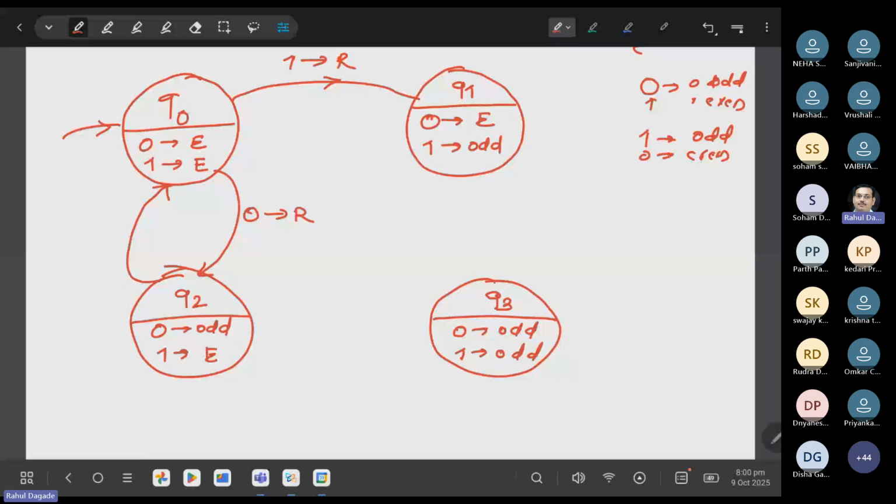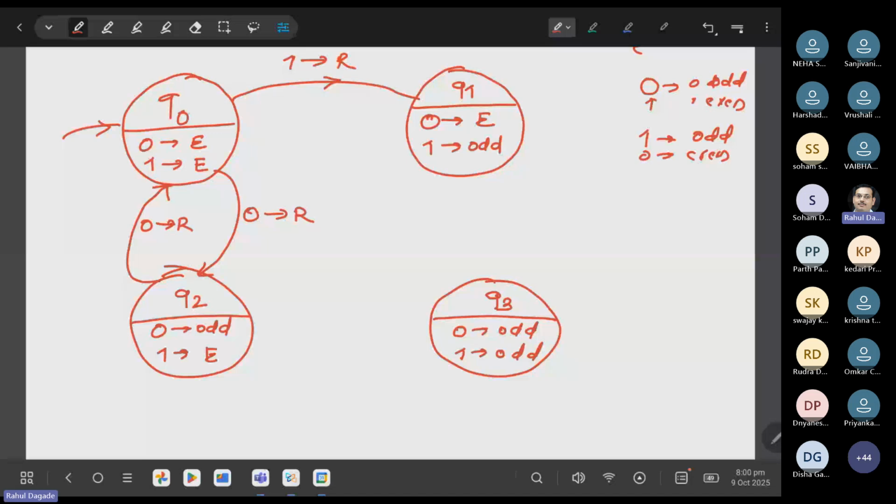That is, if I get 0, then I'll move to the right. Similarly, in Q1 state, if I get 1 again, 1 will become even and 0 will not change because we haven't got 0. So if I get 1, then I'll move to the right and come to the even state.